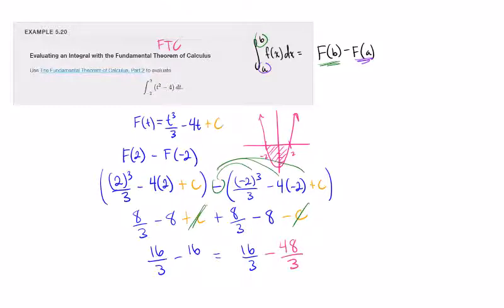So I'm converting this to 16 over 1 and multiplying by 3 to get a common denominator, and that's how I get negative 48 thirds. Then 16 minus 48 is negative 32 thirds. That makes sense that we have a negative area, because this area is all below the curve, and so that's our answer.